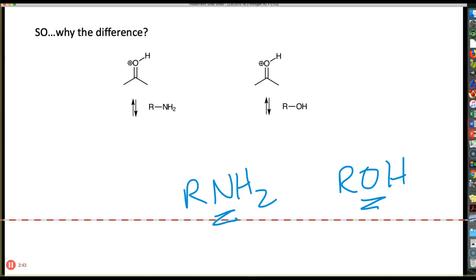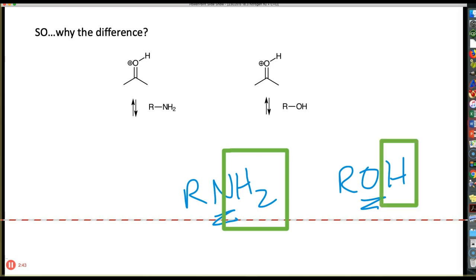Electronegativity has an awful lot to do with the difference in this chemistry. But I will also note that there's another difference here. Nitrogen has the possibility of having 2 hydrogens on it, whereas, because of valence, oxygen can only have 1. So keep that in mind as we forge onward here.